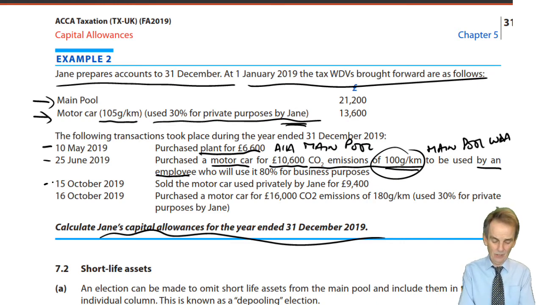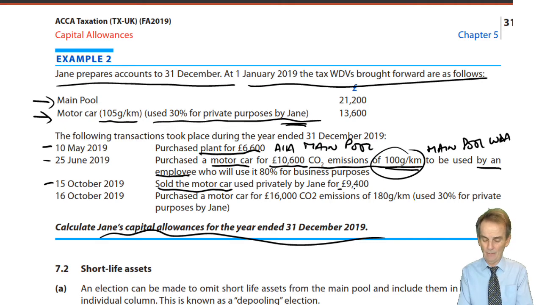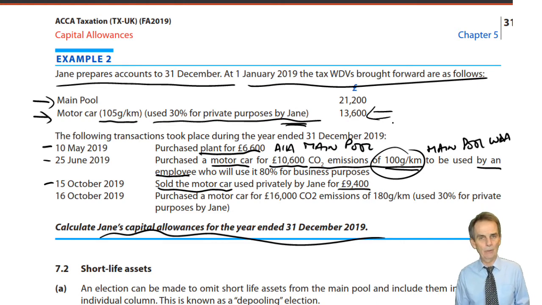On to October 19, sold the car used privately by Jane for 9,400. So this one that we had inherited at the beginning of the period with the tax written down value of 13,600 is now being sold for proceeds of 9,400. Very clearly, therefore, those proceeds are less than its tax written down value.